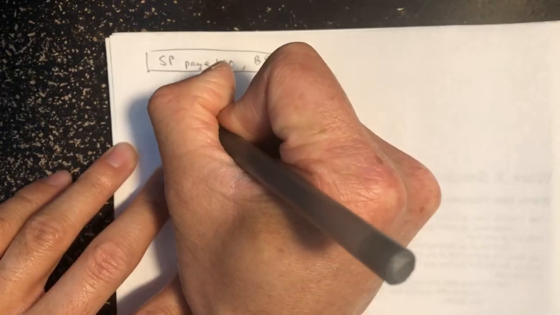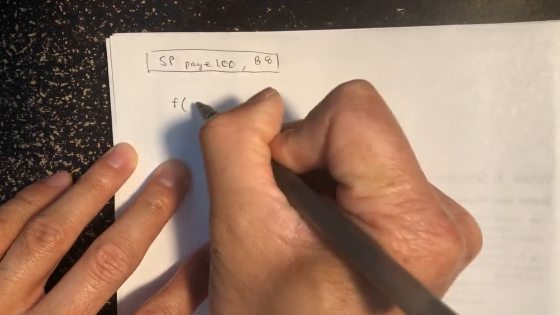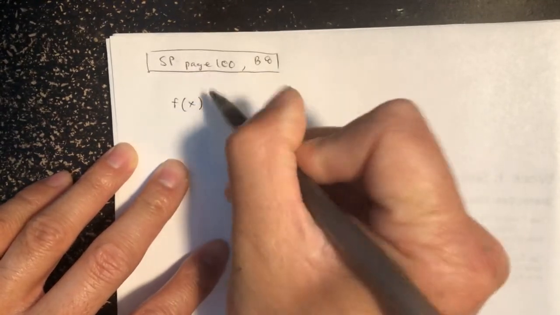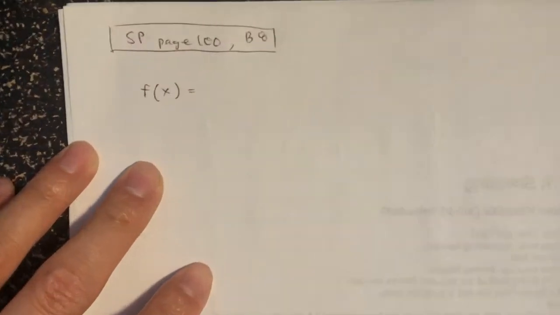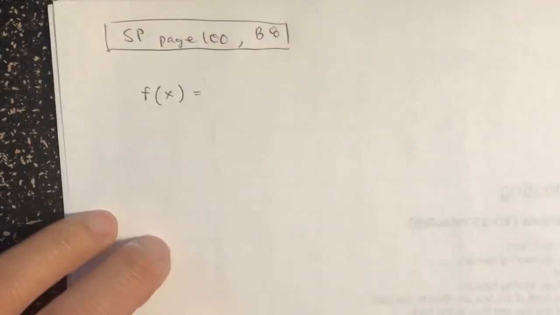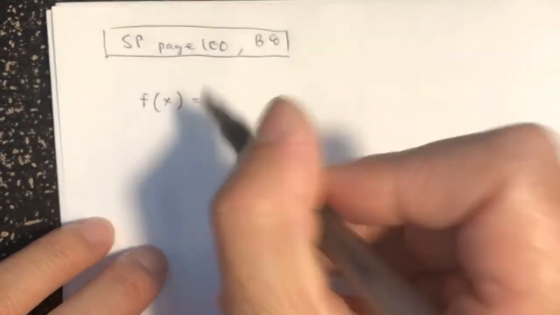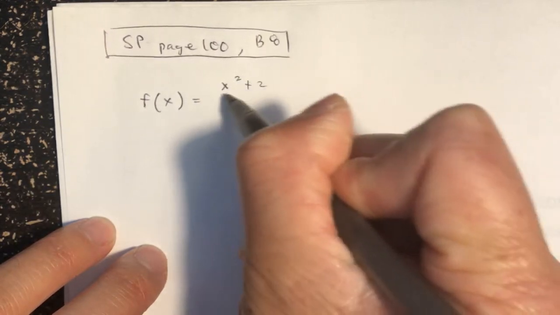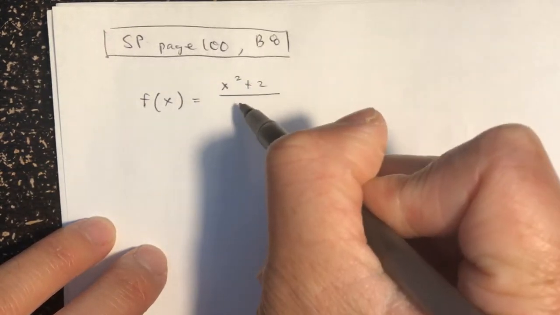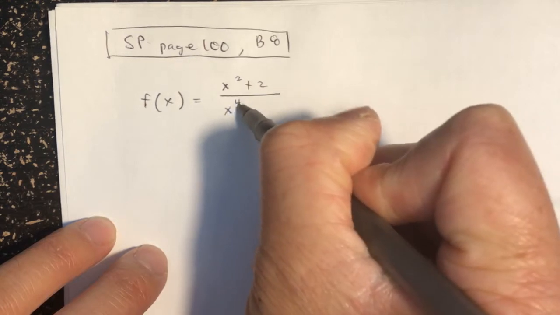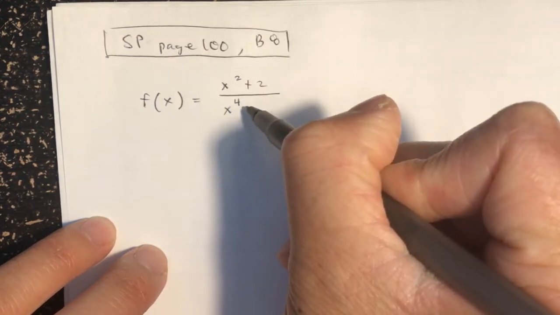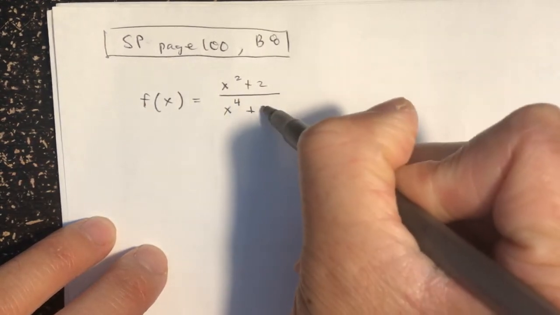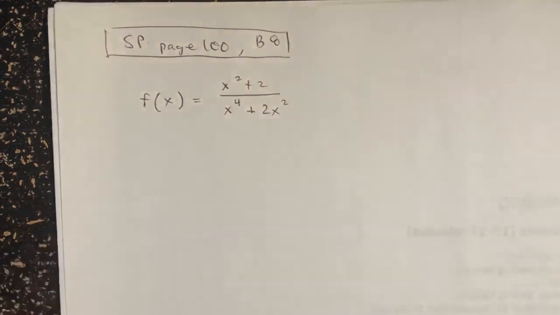All right, so let me write down the problem. F of x equals x squared plus 2 over x to the fourth plus 2x squared.